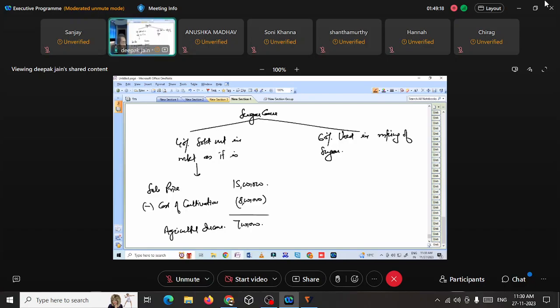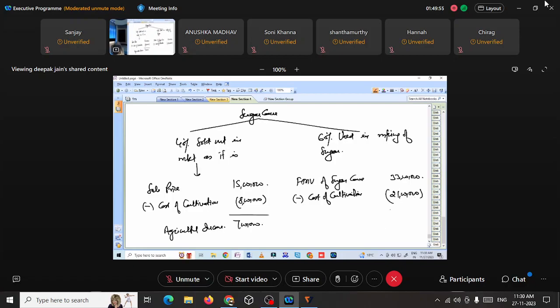Sony, understood till here? Yes, sir. Now the remaining 60% is further processed. Market value of the same is INR 33 lakh. So fair market value of the sugar cane of the 60% portion is 33 lakh. Cost of cultivation of the 60% is 21 lakh.